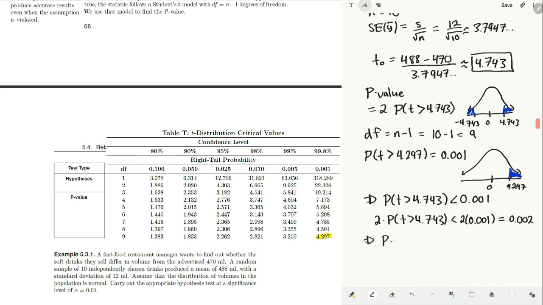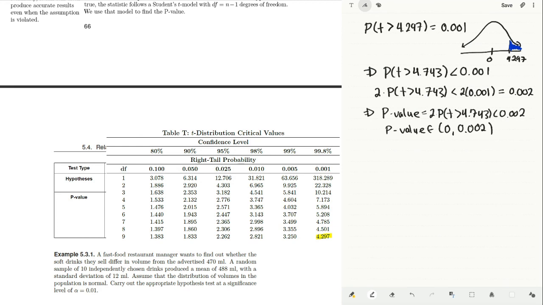And so the p-value is smaller than 0.002, or as an interval, the p-value is between 0 and 0.002.